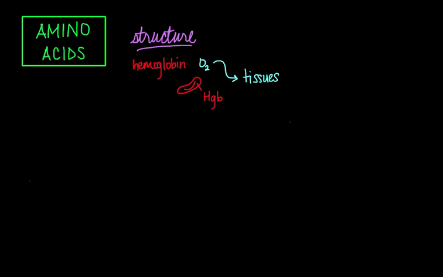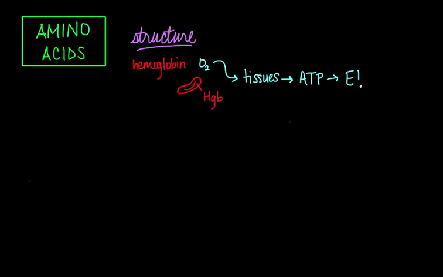Hemoglobin goes by the lungs, picks up oxygen, and delivers it to the tissues, and tissues are just groups of cells that are of a similar type. Each of the cells in these tissues then takes the oxygen and uses it to generate adenosine triphosphate, or ATP, which is the energy source for all of the various metabolic processes that go on within our cells to help keep us alive.